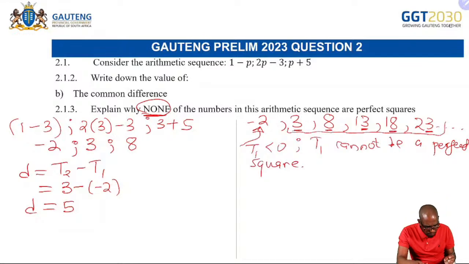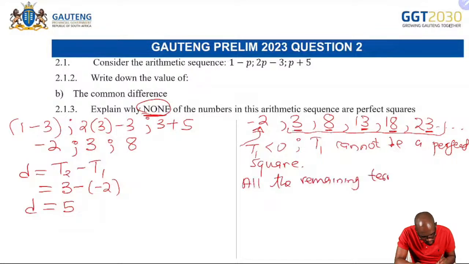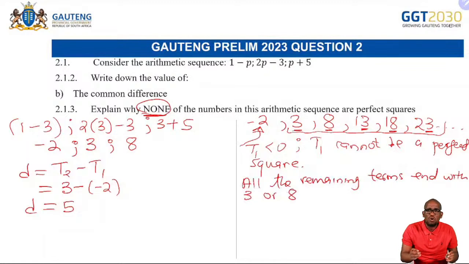If we check all the remaining terms, they end with 3 or 8. There is no perfect square that ends with a 3 or an 8.